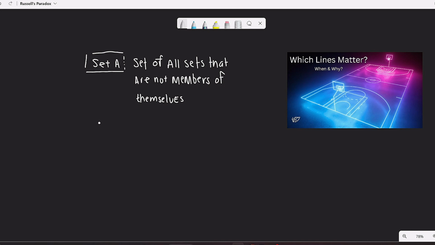And so, if you think about it, set A is a set. Now the question is, is set A in fact a member of itself?